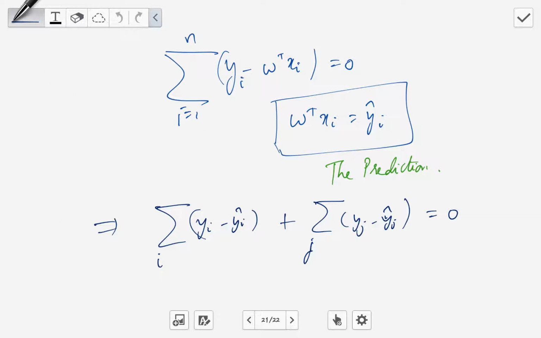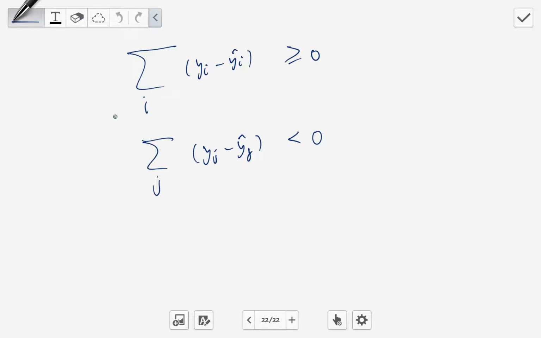Say this i belongs to some N and this j belongs to N complement, where N union N complement is the set 1 to n. This defines indices in N, and this defines indices in N complement. Fine.